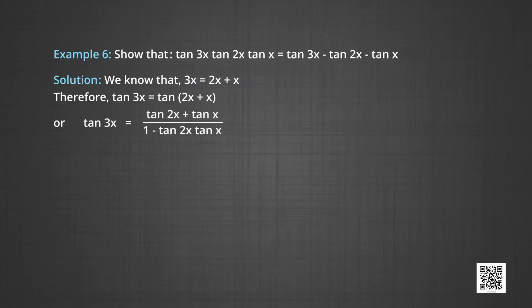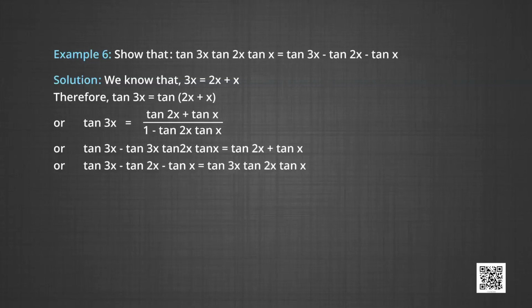Tan of 2x plus x, using the formula for tan of x plus y, can be written as tan 2x plus tan x divided by 1 minus tan of 2x into tan of x. So, on cross multiplication we get tan 3x minus tan 3x into tan 2x into tan of x is equal to tan of 2x plus tan of x.